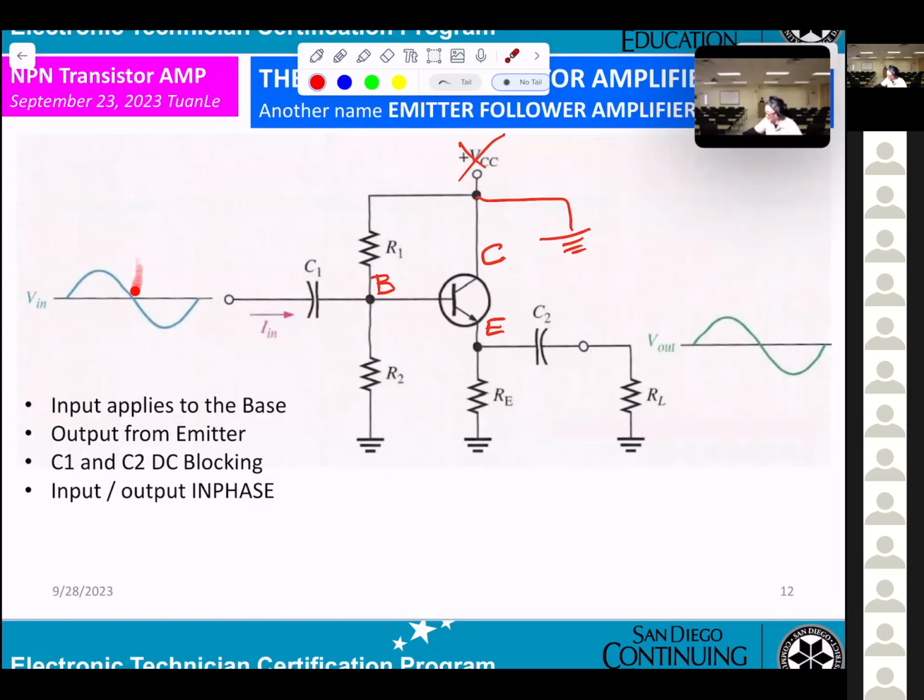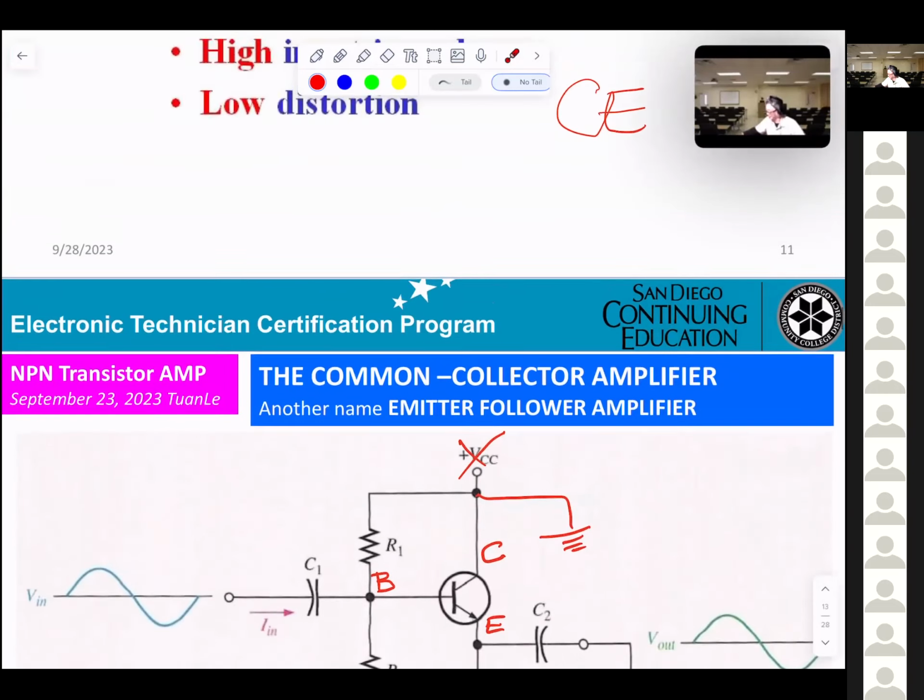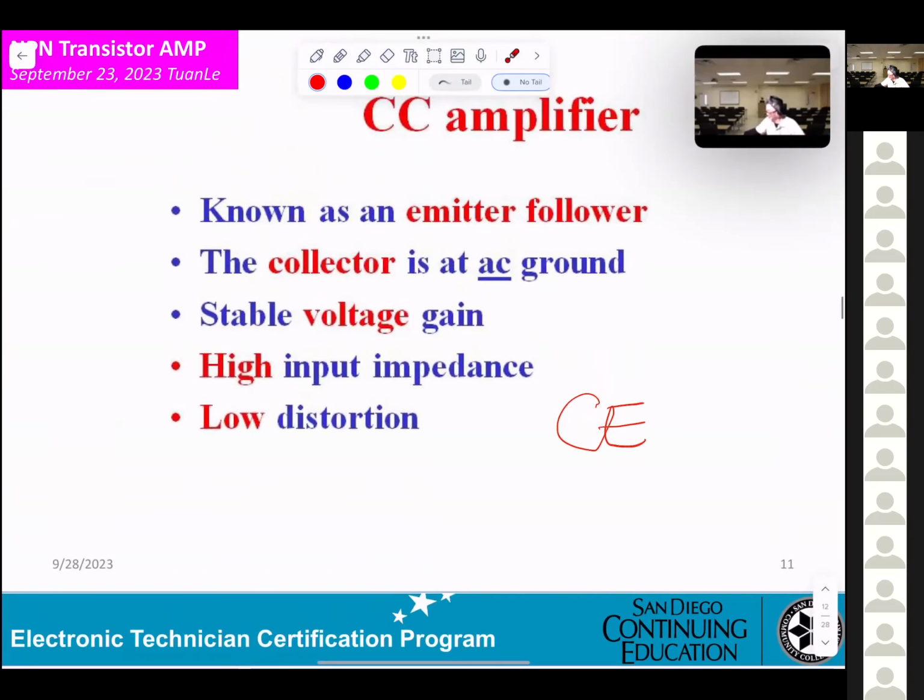If the input and the output are the same, how come we need this amplifier? They're telling you here, they get the high input impedance.